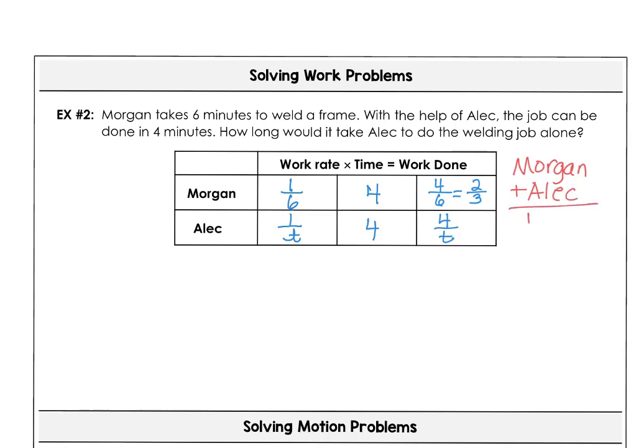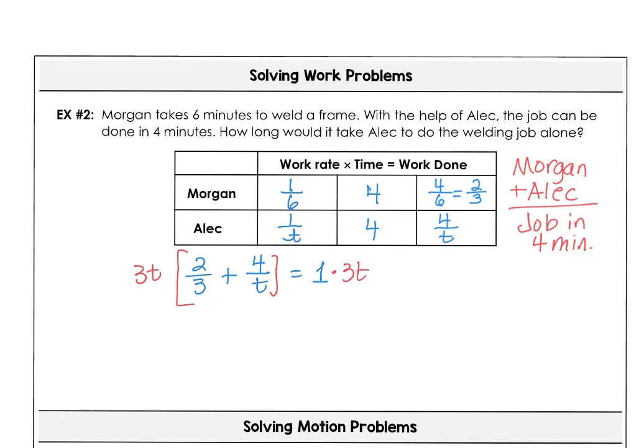is the whole job in 4 minutes. And we want an equation for that. So 2/3 plus 4 over t gives me the whole job. Our least common multiple is 3t.